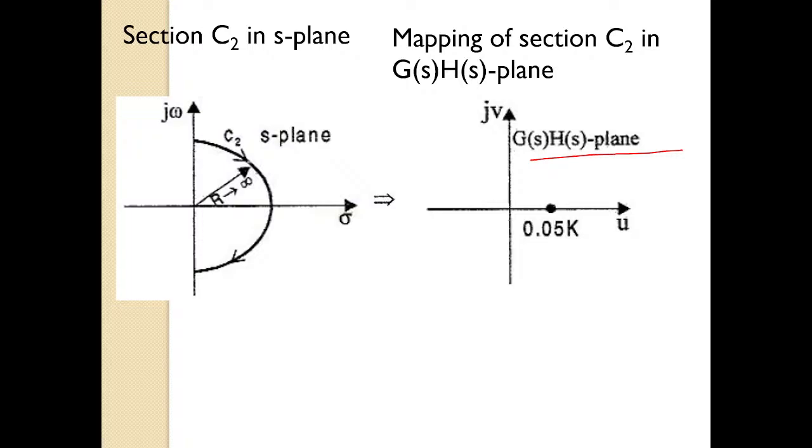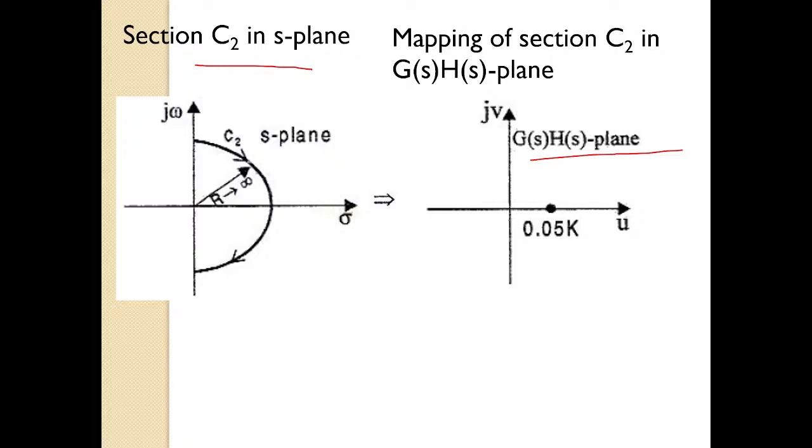So what can we do? We got some constant value, so locate that constant value, 0.05K, on the G of S, H of S plane. This numerical problem has many differences compared to previous numerical problems. We didn't get any contour for C2. So this is our C2 section on the S plane.